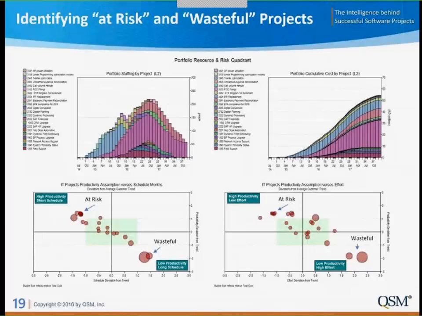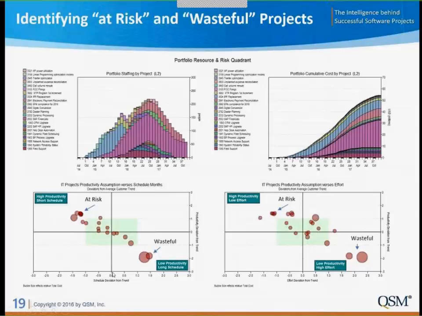Now, if we want to start to look at risk and waste from a portfolio level, we use what we'll call quadrant charts with bubbles, where each bubble represents an individual project. The size of the bubble reflects the relative cost of each of these projects in the portfolio. So the bigger the bubble, the more they cost. What I've got is a dimension here, which is schedule and productivity.